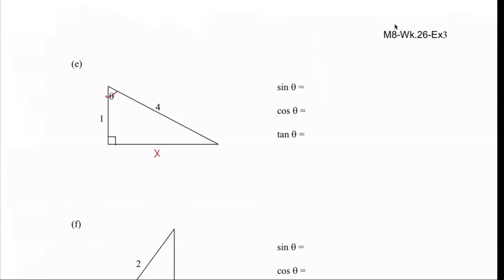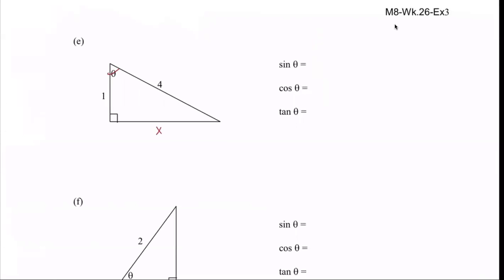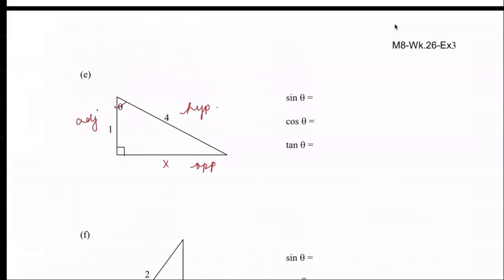This is theta, then we know this is the opposite side, this is the adjacent side, and this is the hypotenuse.